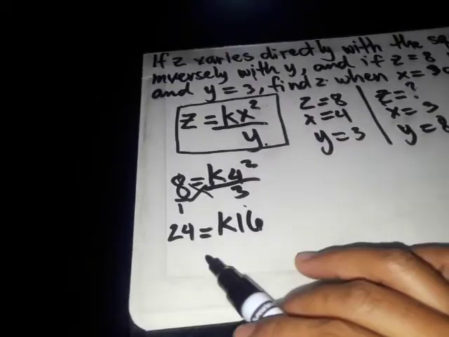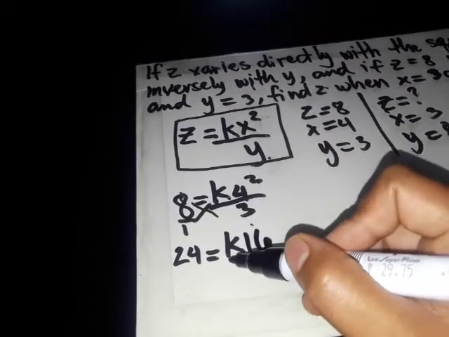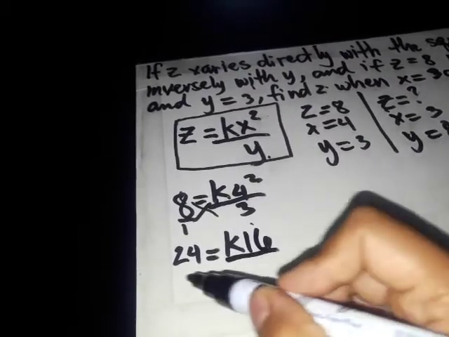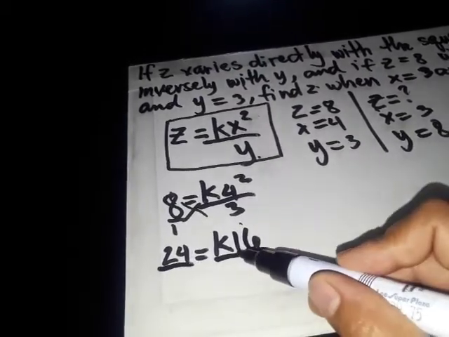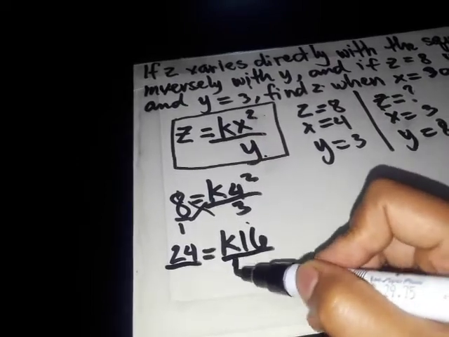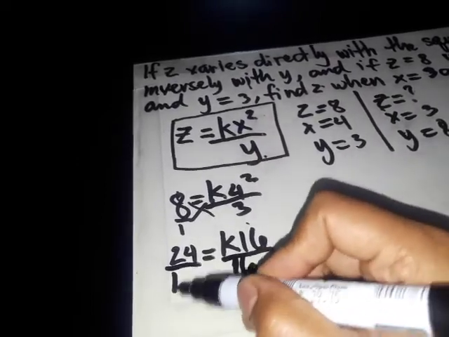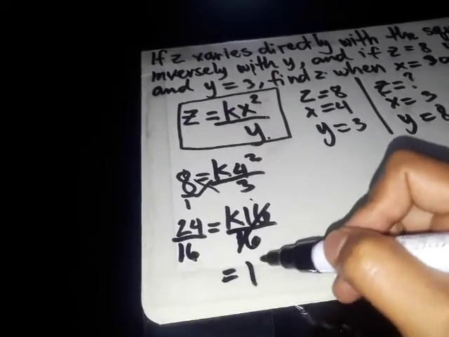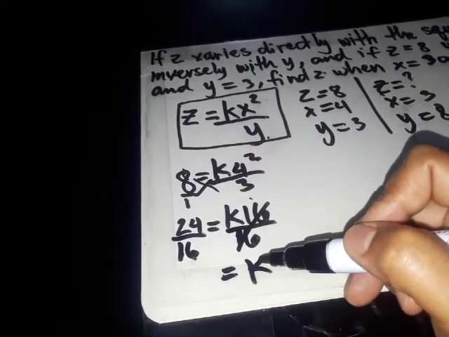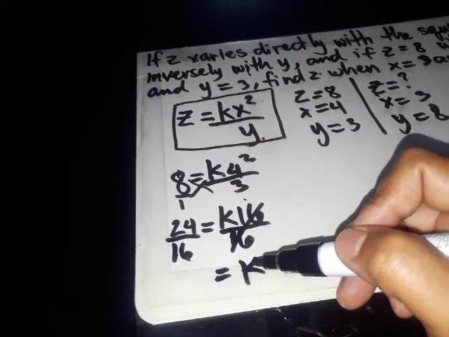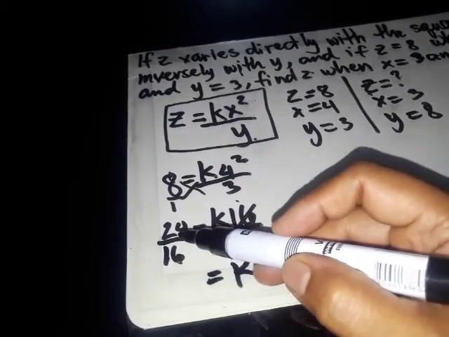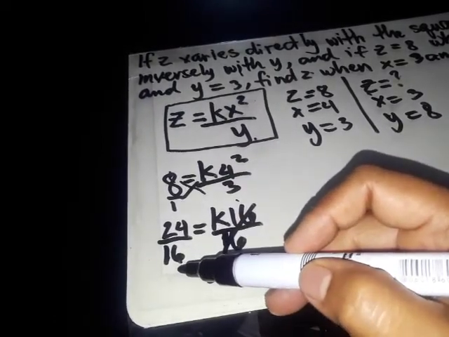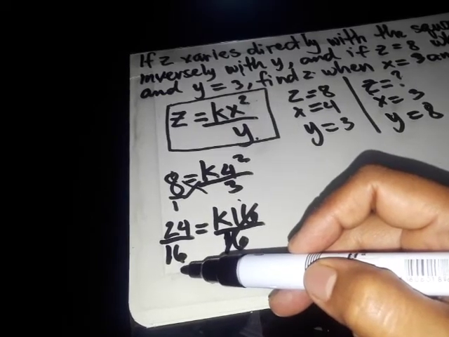So, isolate natin si k. Dapat si k lang. Kaya i-divide natin kung ano man yung number na nasa tabi niya. So, 16. I-divide natin ng 16 both sides. Cancel. So, ang ating k ay 24 all over 16 or kung napapansin niyo, 24 and 16 are both divisible by 8.